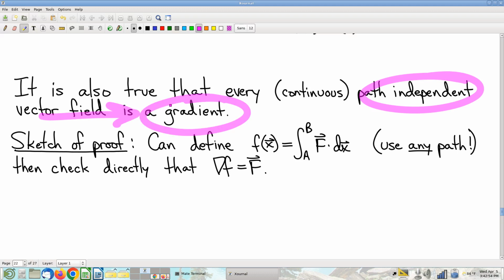So said differently, regularity issues aside, we're assuming everything is continuous and differentiable as needed. That said, vector fields that are path independent are exactly the same vector fields that are also gradients, and vice versa. Okay. Alrighty.